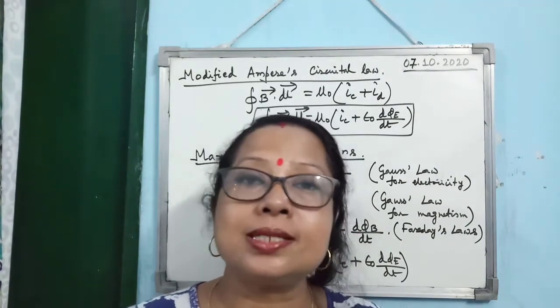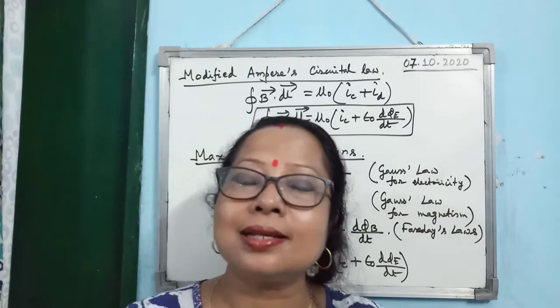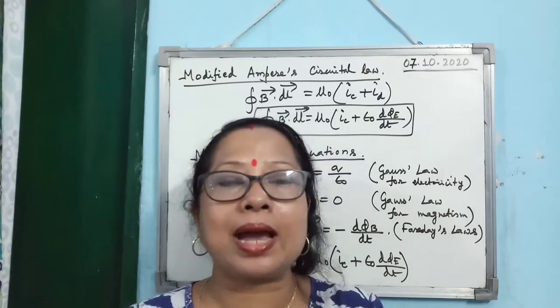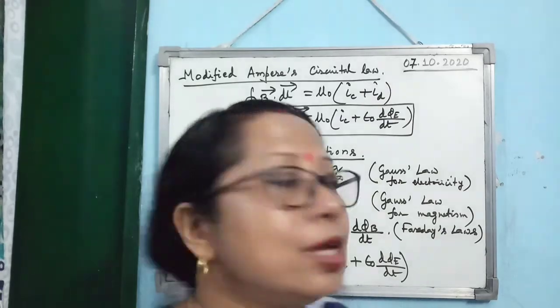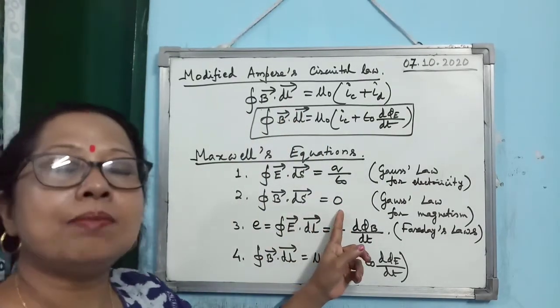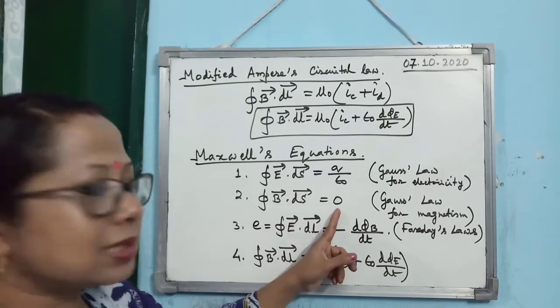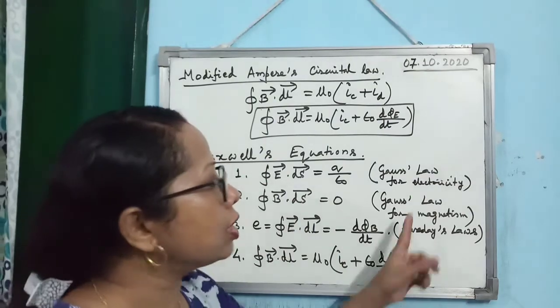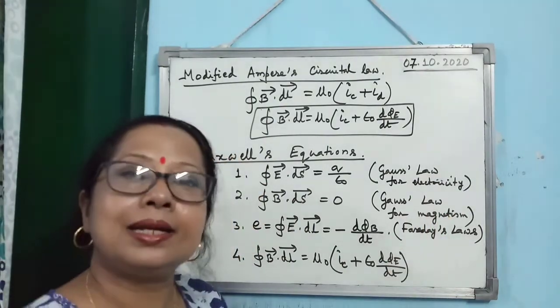Always a dipole is there. So when you consider the dipole, the total magnetic strength is plus m minus m, 0. So the magnetic flux will become 0. The second equation is nothing but Gauss's law in magnetism.